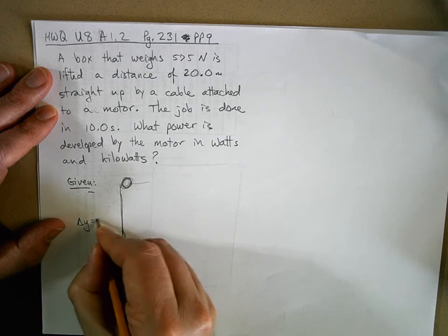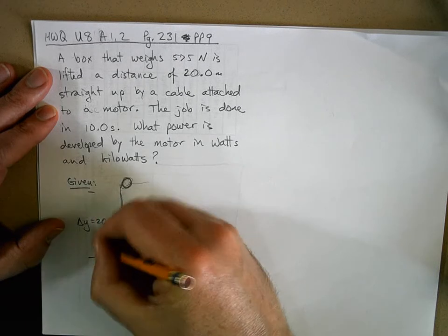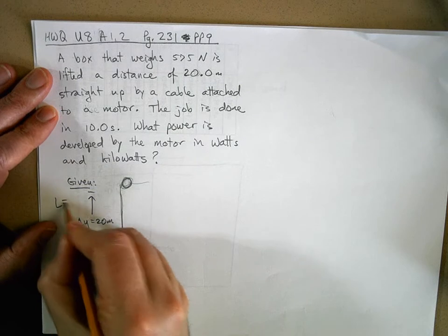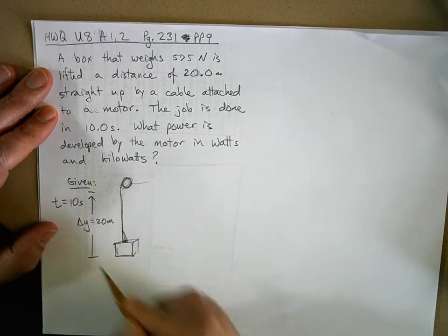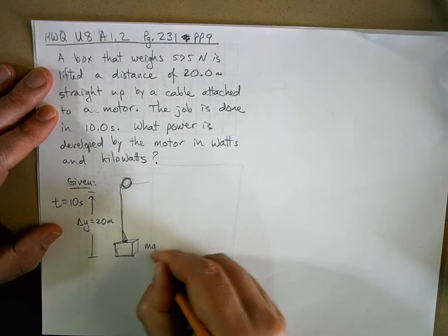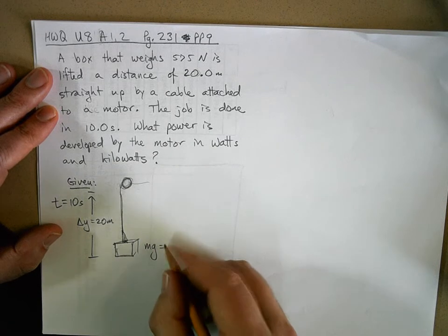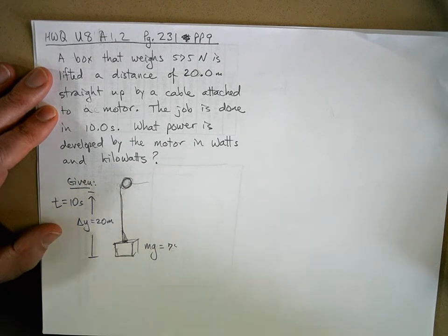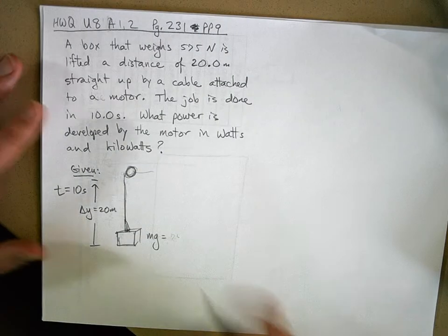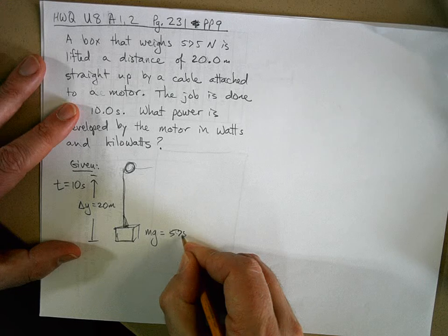Delta Y equals 20 meters. And the time it takes to do that is 10 seconds. And of course the weight of this crate pulling down is 575 newtons.